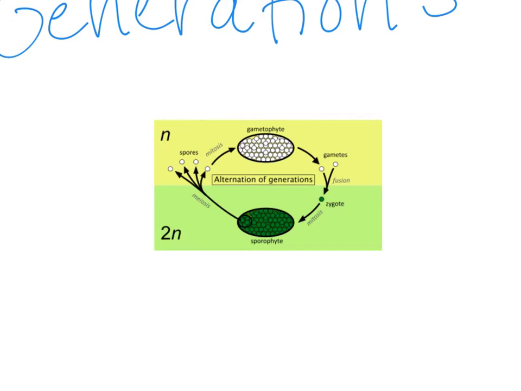So if a fern had 30 chromosomes in its sporophyte phase, through meiosis it would create spores that had 15 chromosomes each. That's pretty straightforward. Then through mitosis, just reproducing themselves over and over, these spores can form a new organism. It's still a fern, but it's in a different stage of its life cycle, known as the gametophyte.